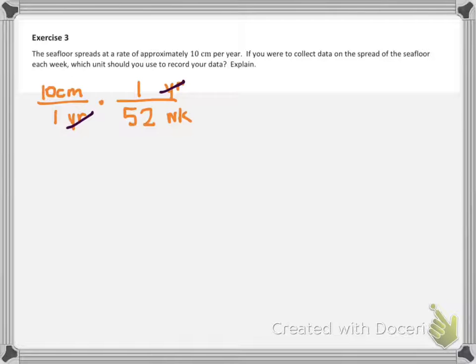I get centimeters per week. And so 10 divided by 52 is 0.19 centimeters per week. Okay, so there's one possibility. It's okay. It's not bad.